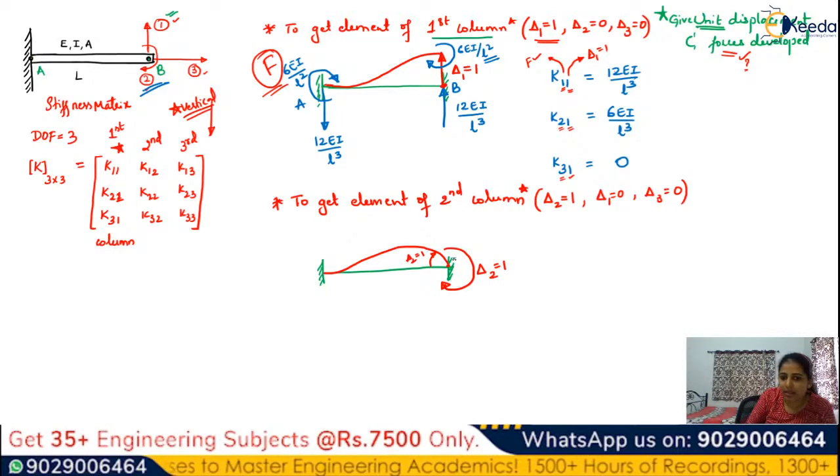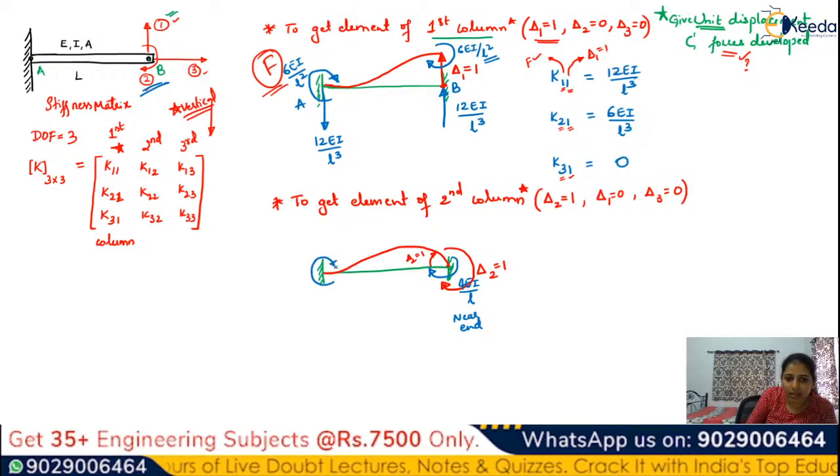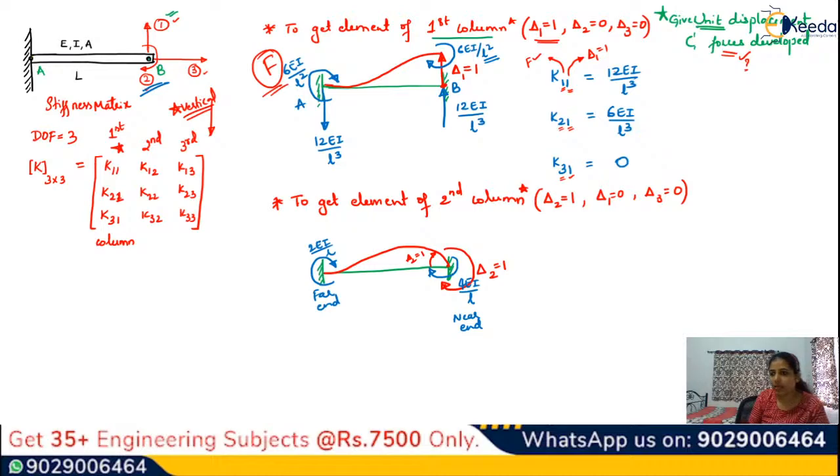So the moment developed at this point will be equal to 4EI by L, and at the far end, this is called the near end, and here this is the far end, the moment developed will be equal to half of it, that is 2EI by L.